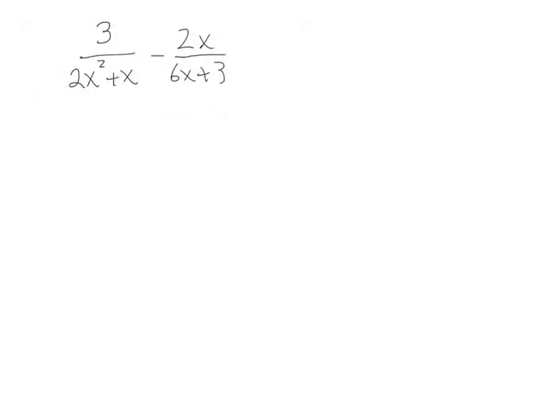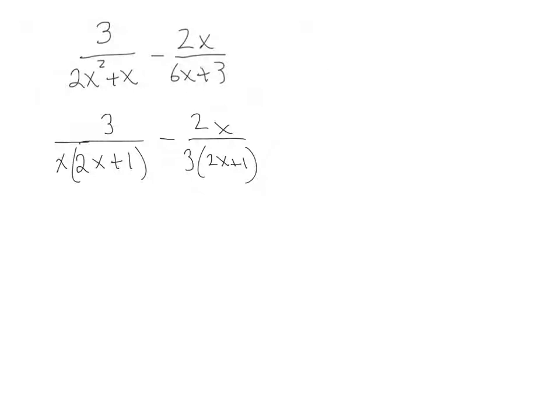So we can write that this is equivalent to 3 over 2x plus 1, where we have factored out an x, let me extend that line, minus 2x over 3 times 2x plus 1.